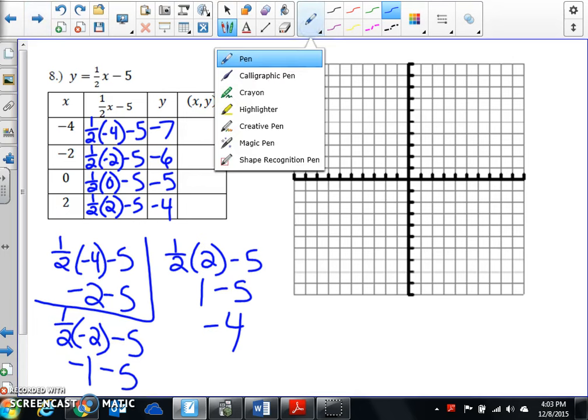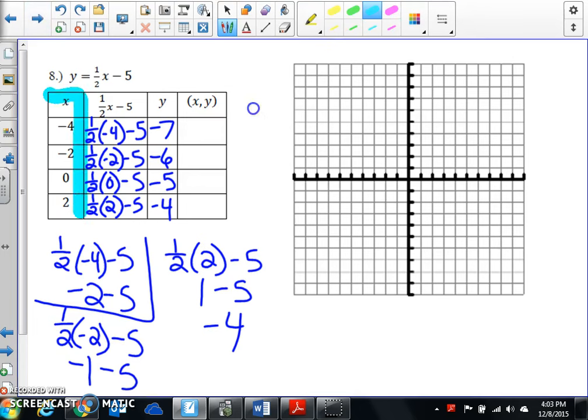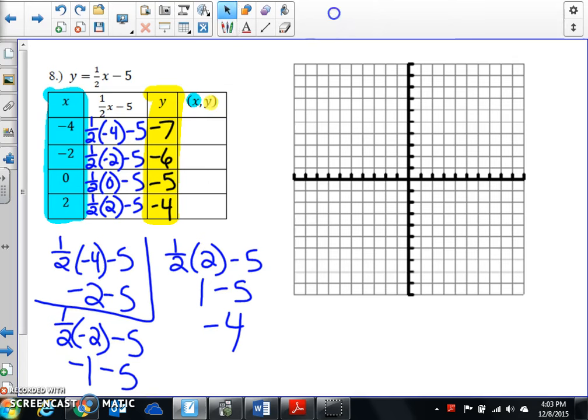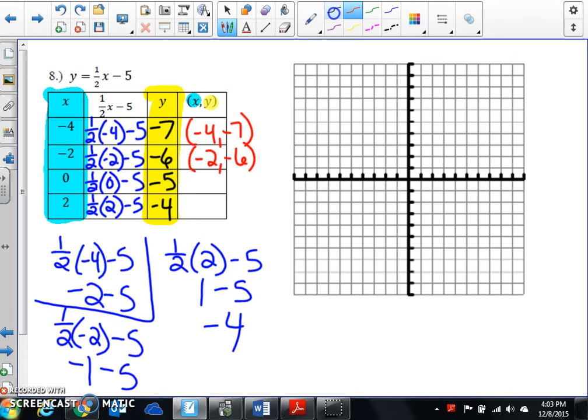All right. Here are my x values. Here are my y values. And now I can make an ordered pair out of all of them. -4, -7, -2, -6, 0, -5, and 2, -4.